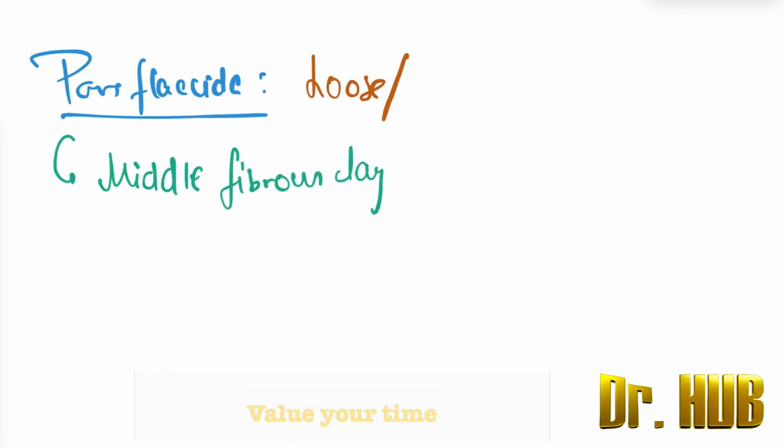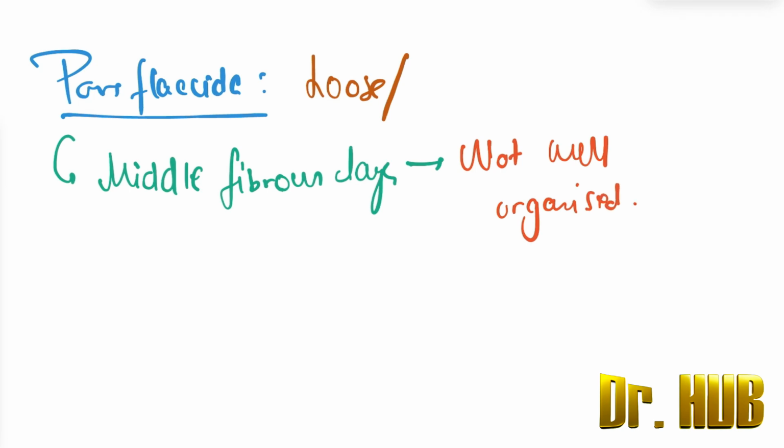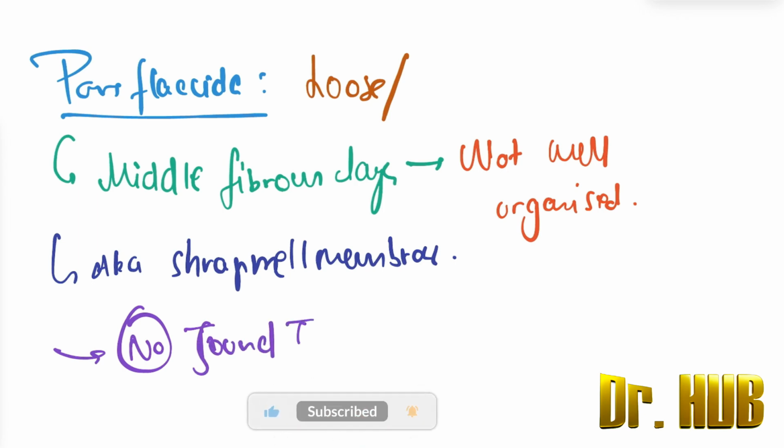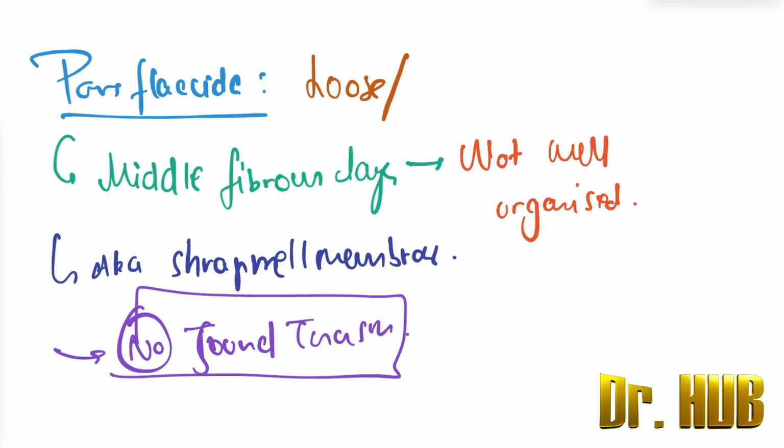It is also known by another common name, Shrapnell's membrane. The other point to note is that it does not transmit sound. There is no sound transmission, whereas the pars tensa did transmit sound.